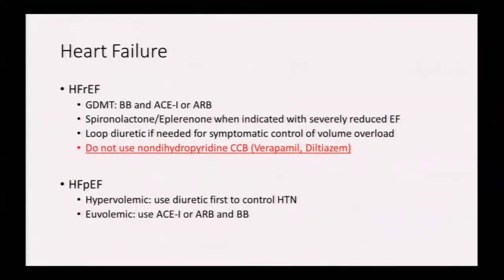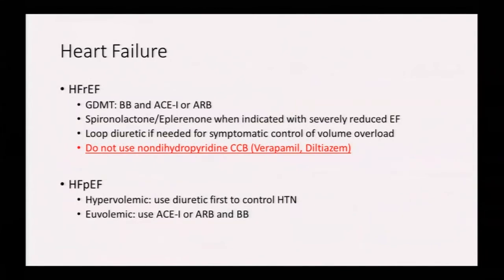Heart failure patients, for people with reduced ejection fraction, again, we should have them on goal-directed medical therapy with beta blocker and ACE inhibitor or ARB. And other agents that we could use for those patients are spironolactone and eplerenone, and that's when it's indicated for severely reduced EF.